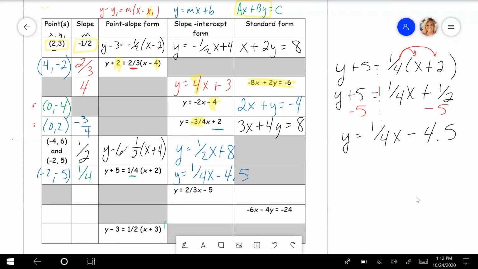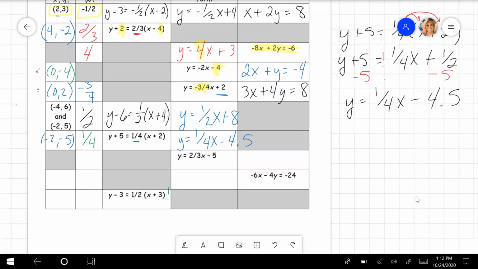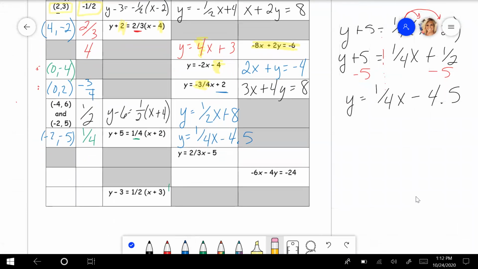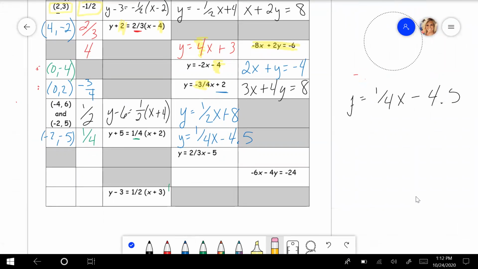Let me move this up. Moving this up. And now the next one, it gives it to me in slope-intercept. I need to find the slope. The slope right here is 2/3. That's what you should have gotten. And now we need to put it into standard form.